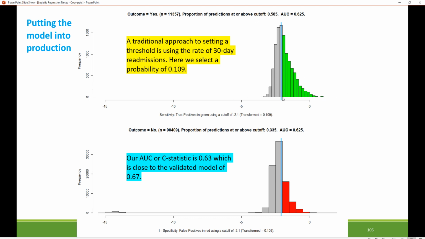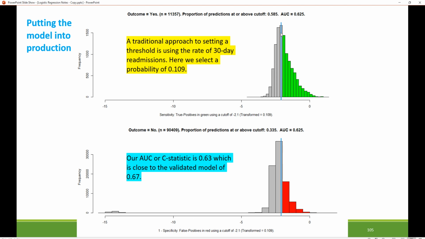On this upper part, they indicate all of those patients who did have a readmission, and on this bottom graph, these are the frequencies for patients who did not have a 30-day readmission.